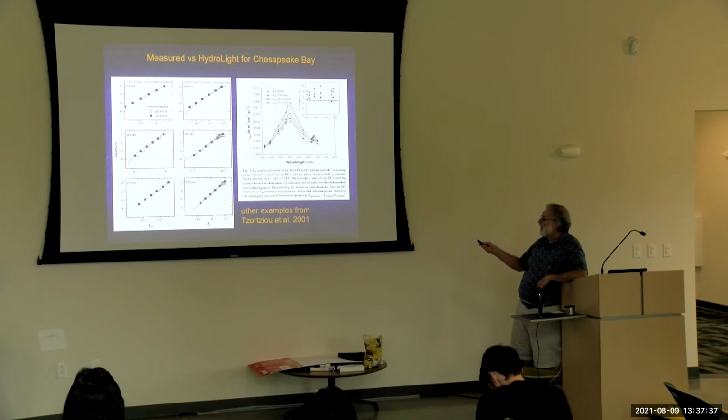Then she had an ECO VSF, used that to get the backscatter coefficient, had the total scattering from the AC9 and used that, and that gave this curve here with the little squares, and that was closer still.